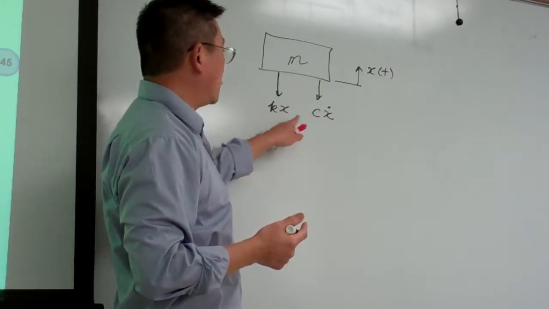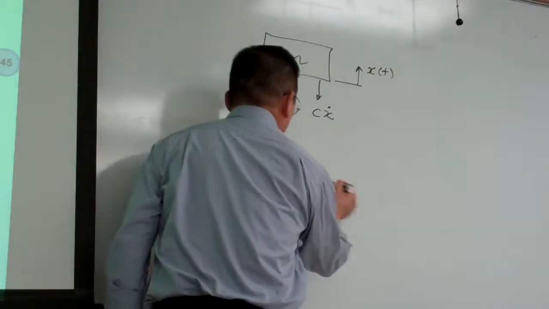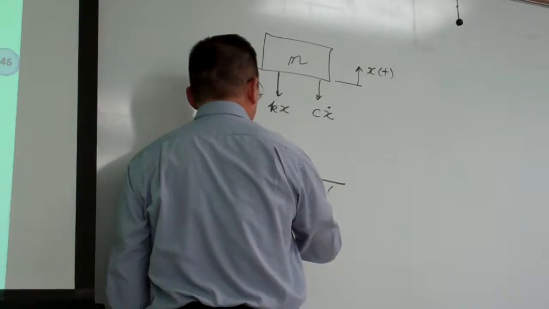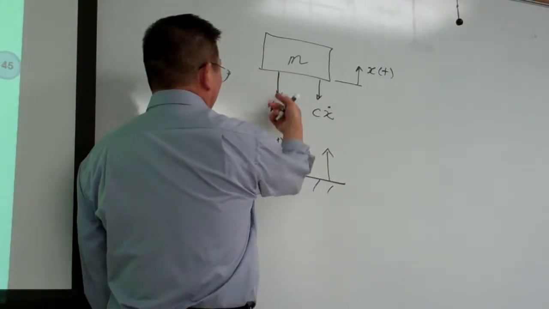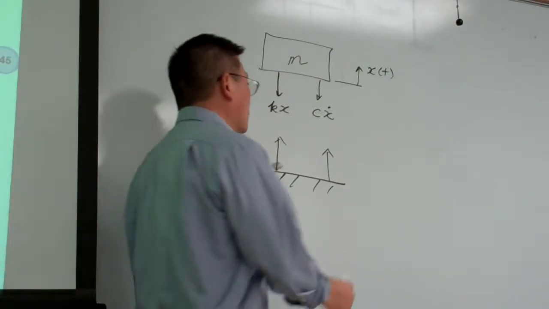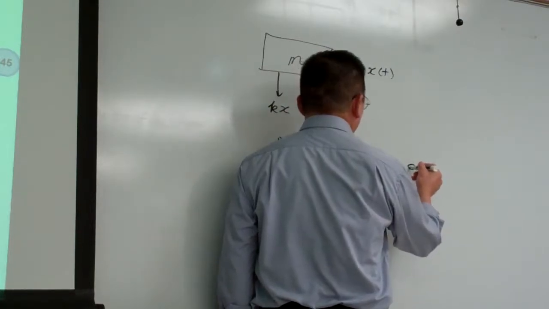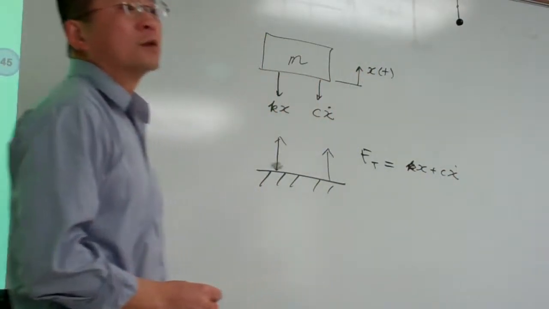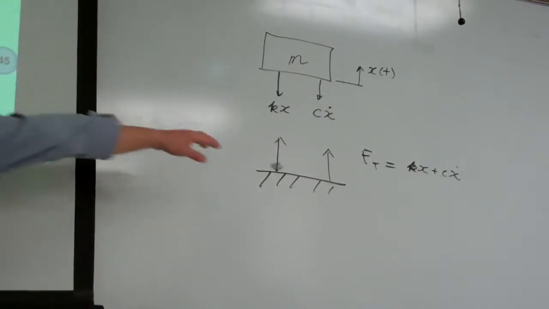Those are the two forces pertaining to this model that are going to translate to the ground. So this is the ground, and those are the action reactions. So the total force being transmitted to the ground equals Kx plus C x dot. Okay. So the first design aspect of the vibration isolation is to minimize this force.